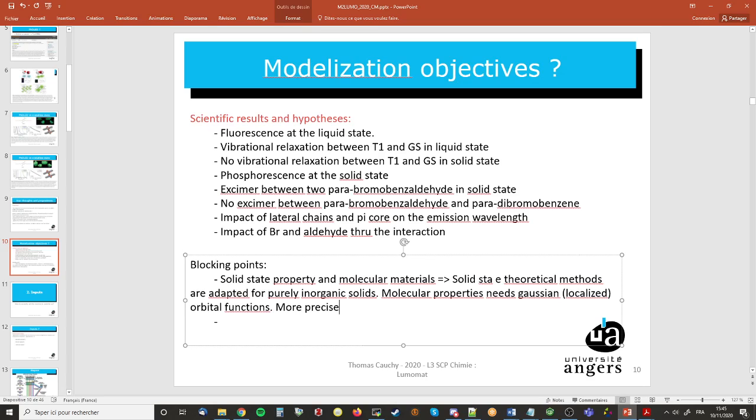You can get more information. However, they are not adapted to long-range interactions. Dispersion, for example. Dispersion, van der Waals.